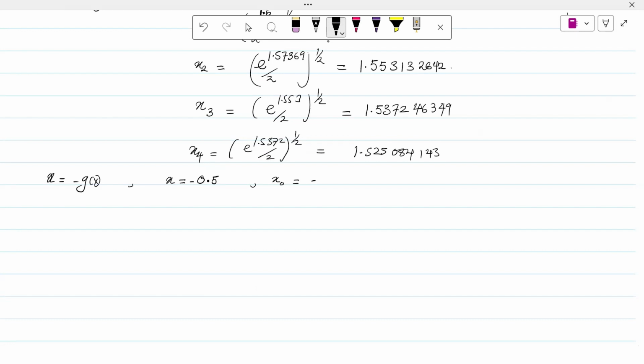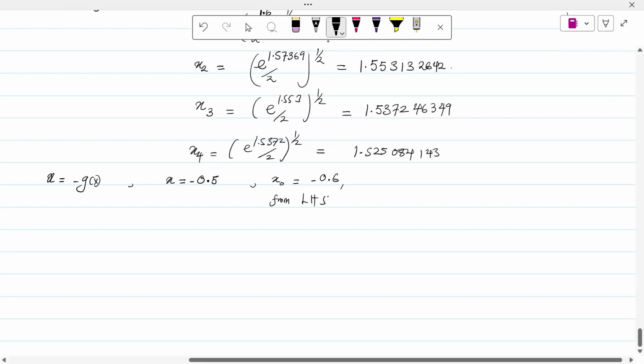Negative what? 0.6. Oh, it's too close. Anyway, let's choose negative 0.6. Then from the right-hand side, we'll come back to that. So this is from the left-hand side. And then from the right-hand side, what should we choose?